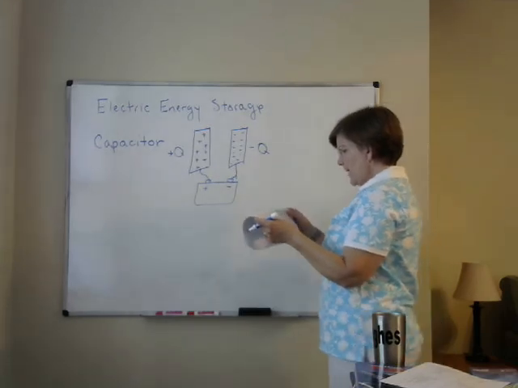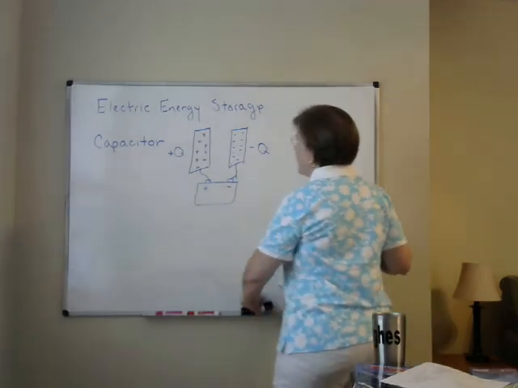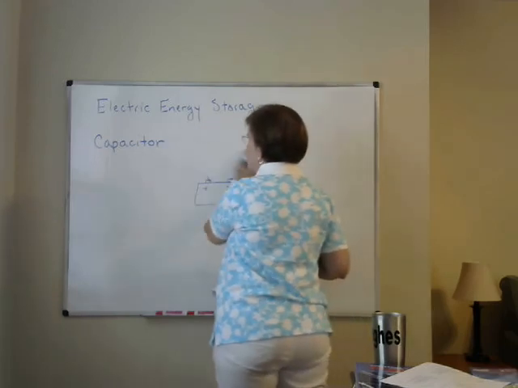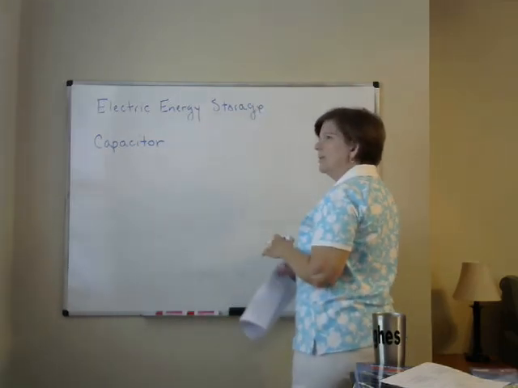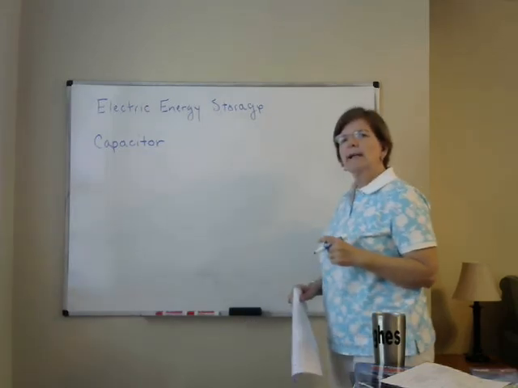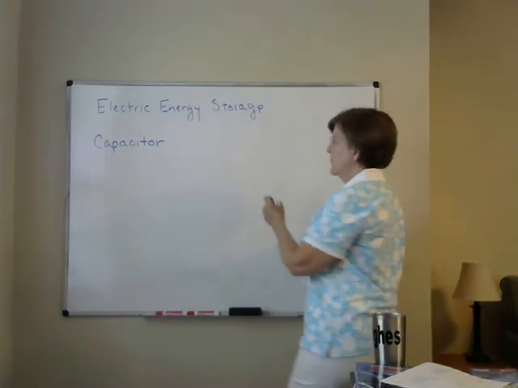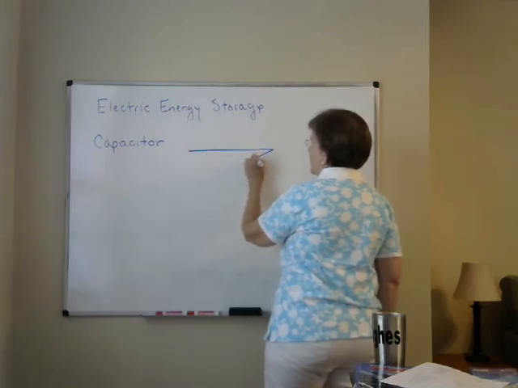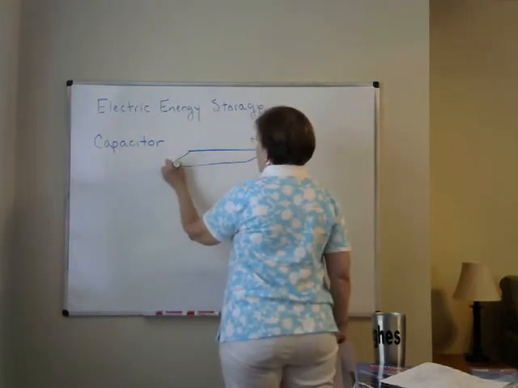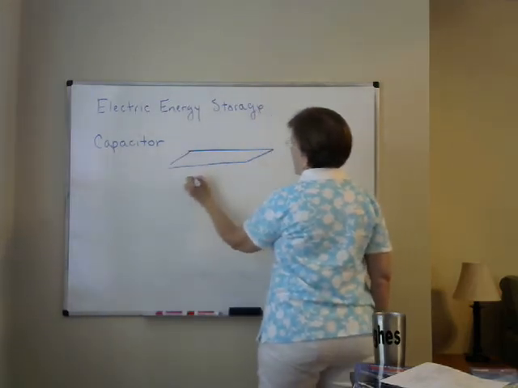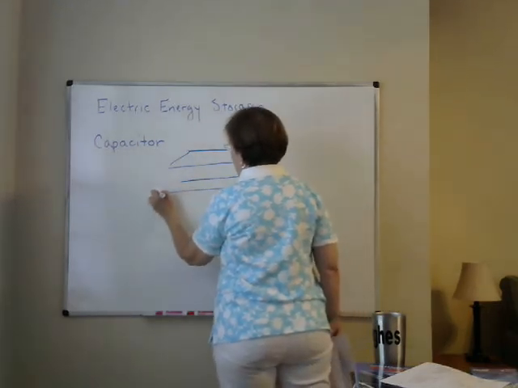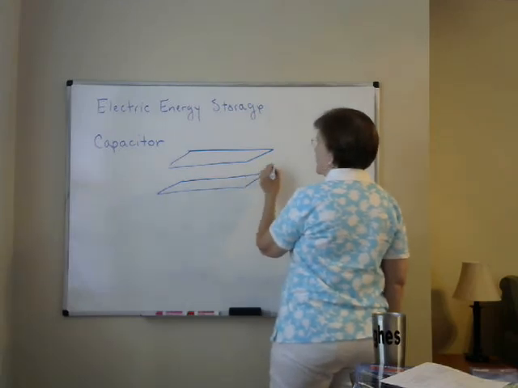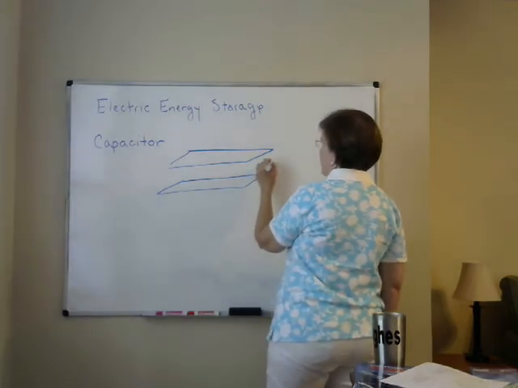Now, from a practical standpoint, since almost everything has capacitors, there has to be a really easy way to do this. So most capacitors are parallel plates, but those parallel plates look more like sheets of tinfoil, where you have a sheet of something like foil, and in between we're going to sandwich a piece of paper.